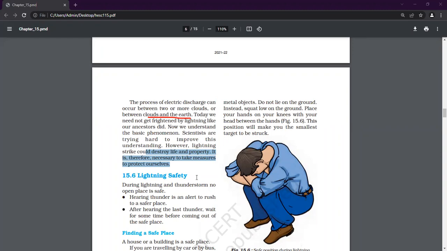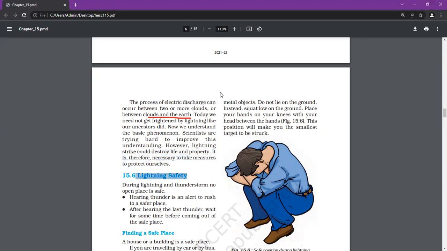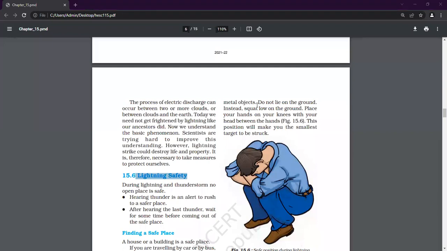Now, lightning safety. We have seen the process of lightning. I hope all of you have understood it. If you have not understood it completely, you do not have to blame yourself, because this process is still under research.